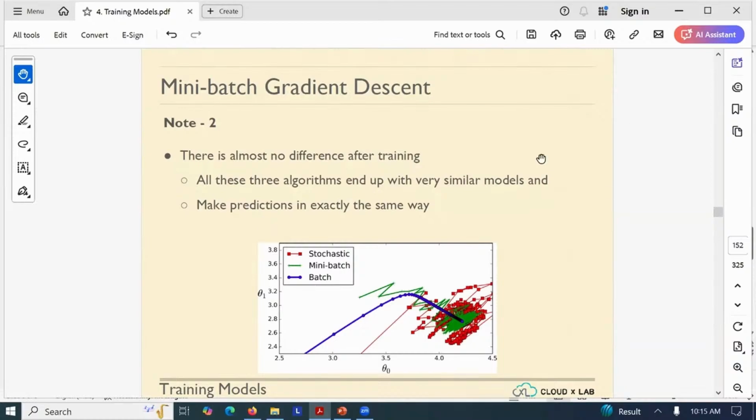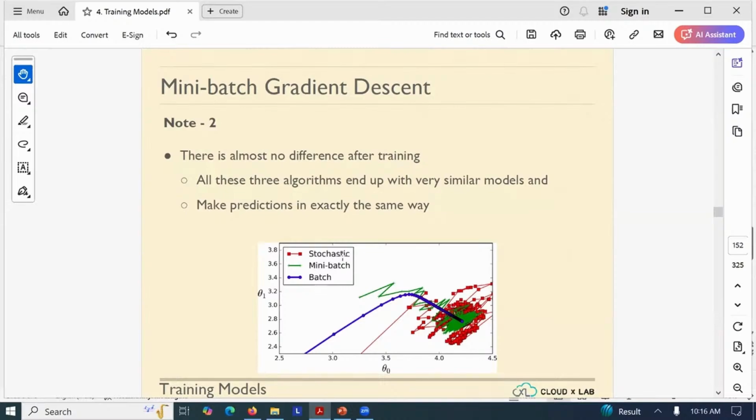Because with stochastic, mini batch, and batch gradient descent, you are getting nearly the same value of the unknown parameters theta 0 and theta 1 after convergence. So since we get nearly the same values of theta 0 and theta 1, you will get the same predictions whether the model is trained using batch, mini batch, or stochastic gradient descent.